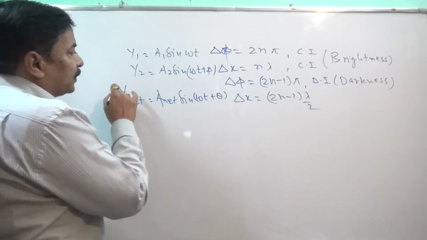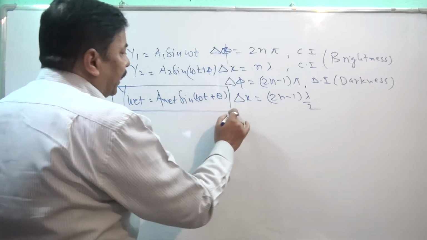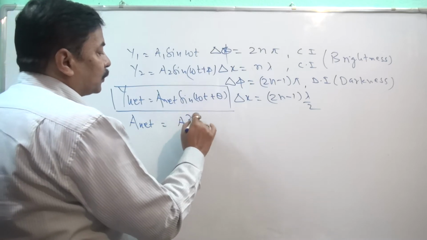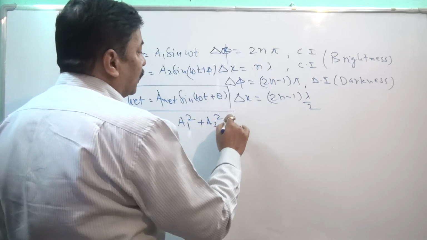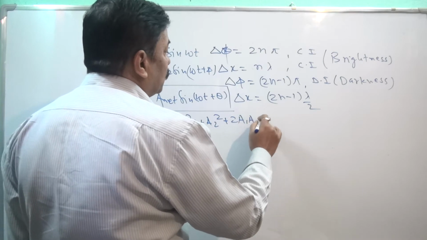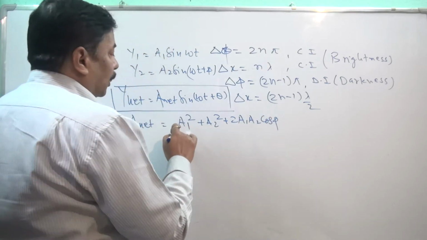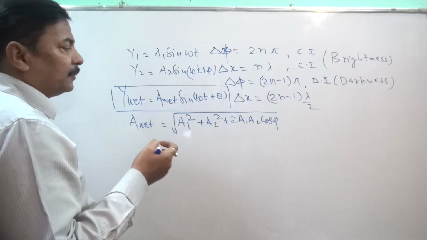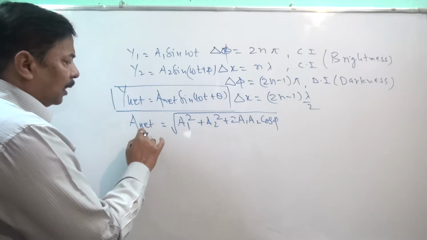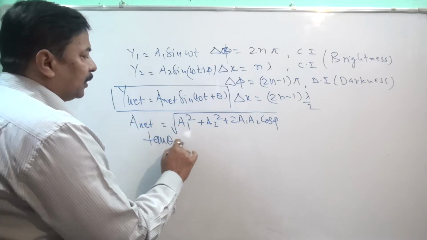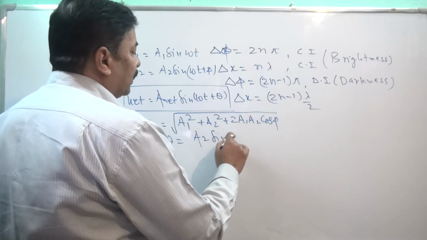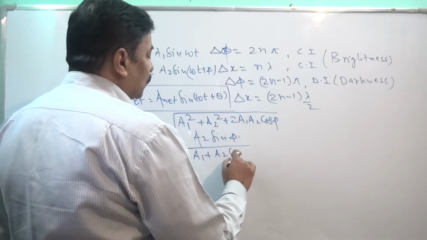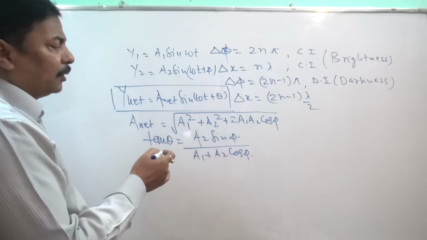This also we have seen, in which a net is given by under root a1 square plus a2 square plus 2 a1 a2 cos phi. This is the value we have got. And also we have seen that tan theta is equal to a2 sine phi by a1 plus a2 cos phi. And this is similar to your vector.